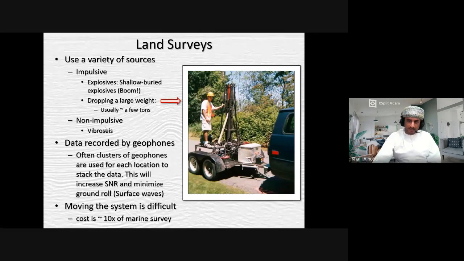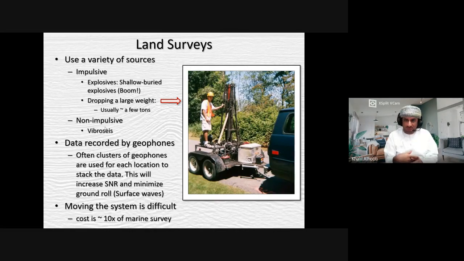We like vibrators because they are not damaging to the environment. One of the things, you don't need to make holes for dynamites. You need to make a hole like 50 meter, 40 meter, put the dynamite there in the hole and fire it. If for any reason a mistake has been done, you cannot repeat it easily.